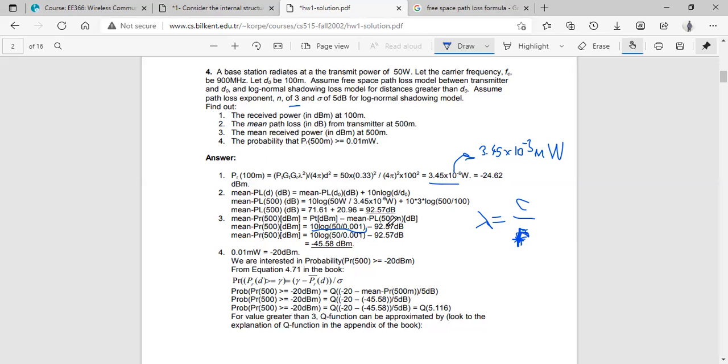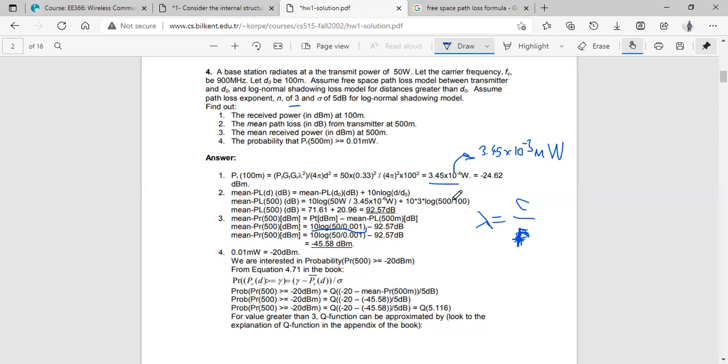Why aren't we converting this particular value into dBm? It is because the mean path loss formula is a ratio of two variables. Even if you convert this 50 watts into milliwatts and the other value into milliwatts, the 10 log of this ratio will not change. Similarly, for d upon d naught, the ratio does not change regardless of whether you convert it.